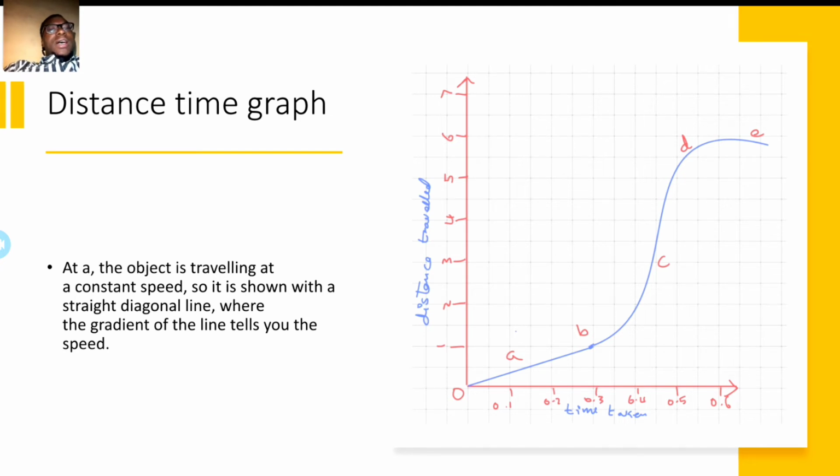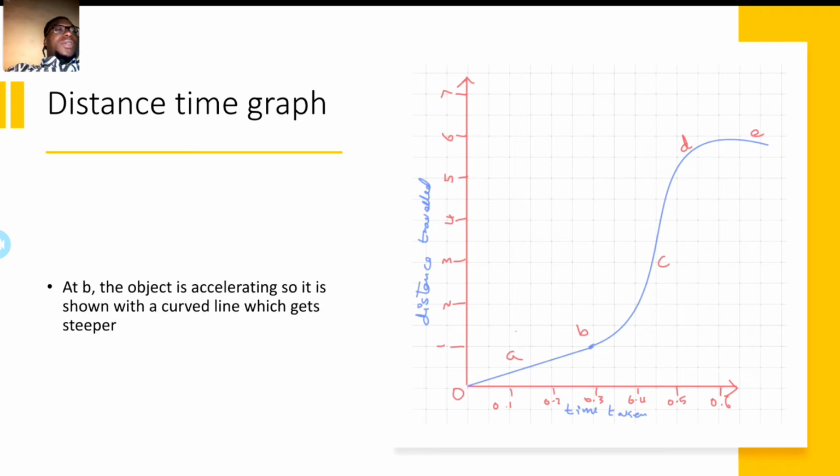So you have something of this nature, kind of close to the x-axis, but not too steep. That gives you constant speed. So that means the speed is not changing, it's the same throughout that particular point.